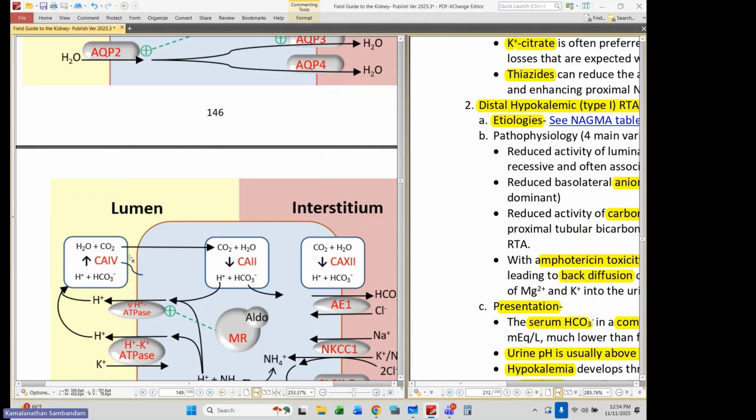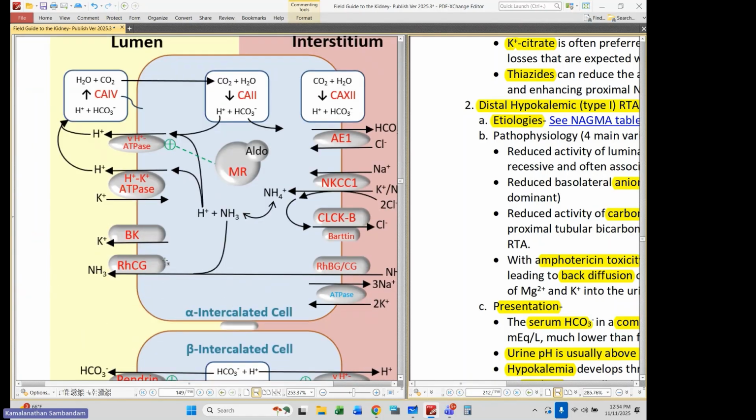Again, I don't need to have a urine pH of 5 in order to excrete protons, because ammonium is an avid proton acceptor. As long as I have a urine pH that's even below 9, right? That ammonium is leaving the body protonated. So again, some people have said that distal RTAs actually have some component of proximal dysfunction.